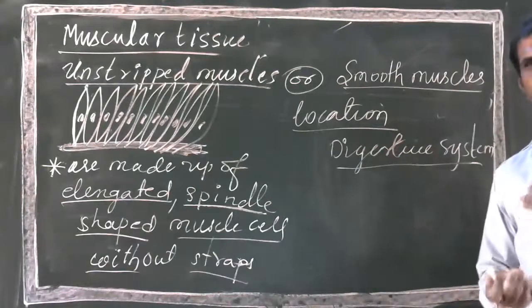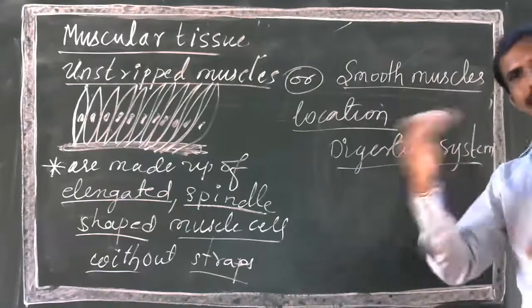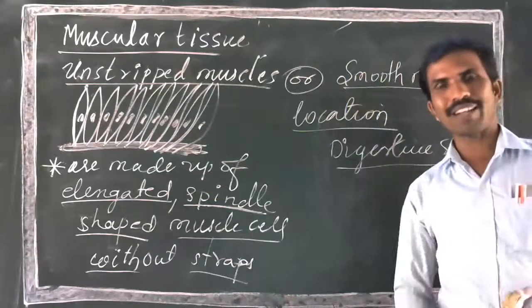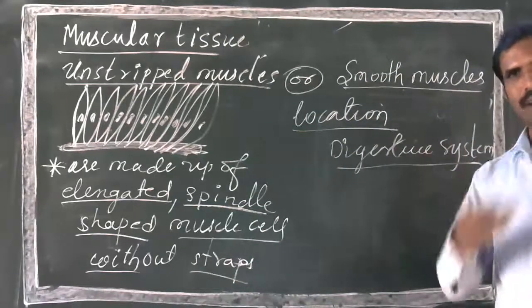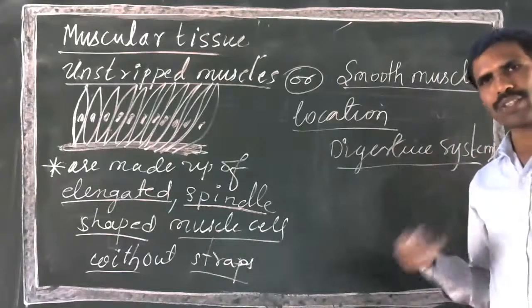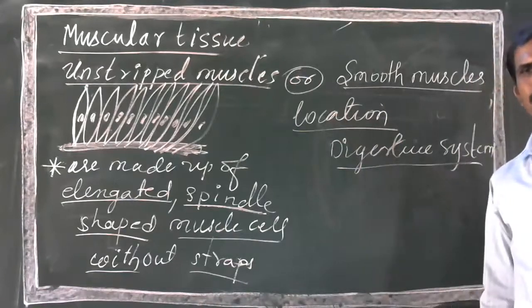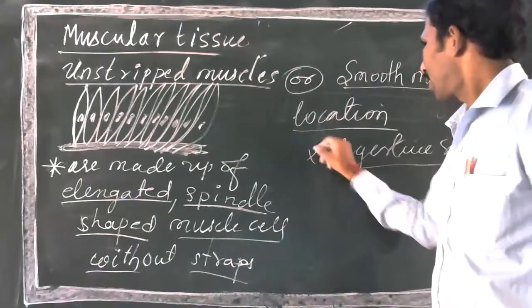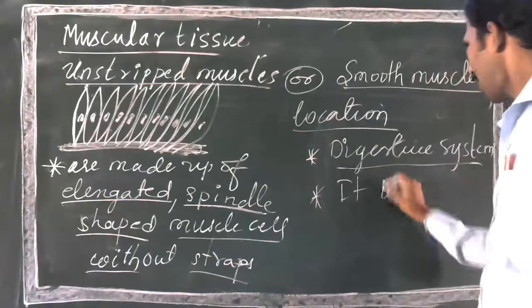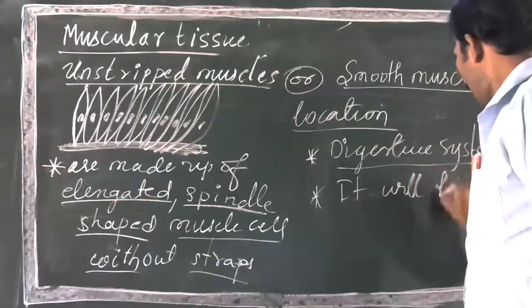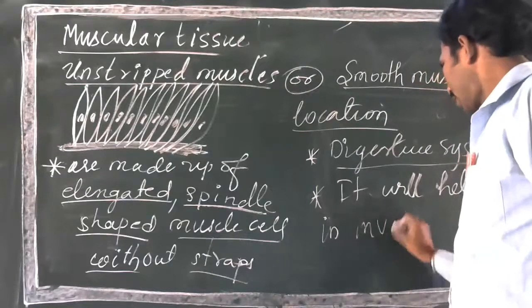From the stomach, the digested food moves to the intestine, then to the large intestine. Finally, the undigested food is thrown out of the body through the anus. All these are related to the digestive system, and the digestive system contains this unstriped or smooth muscle. It helps in involuntary functions.